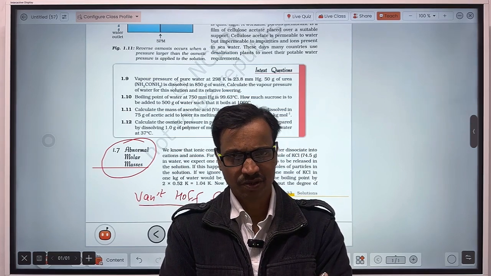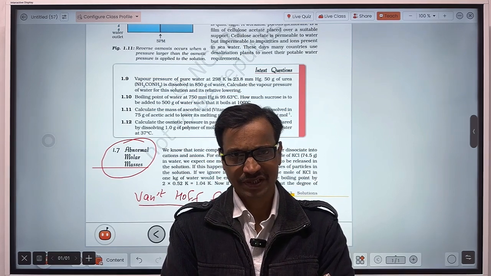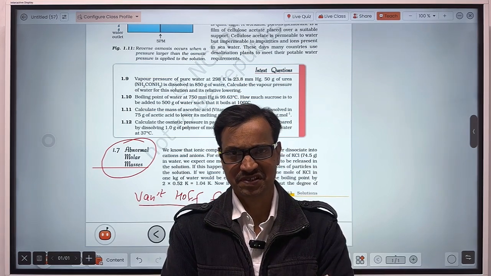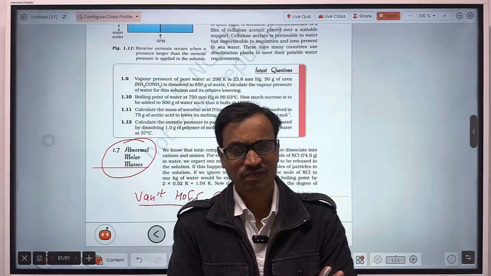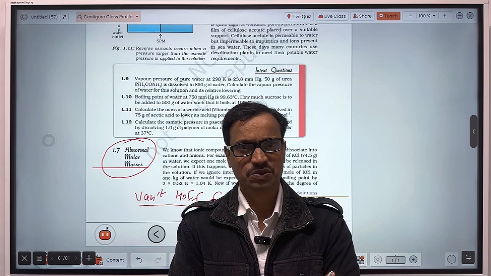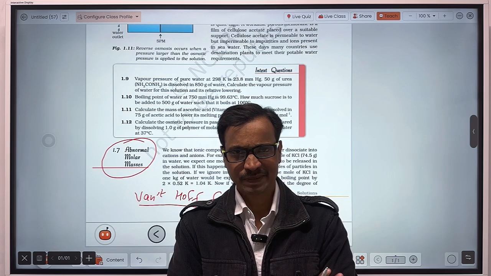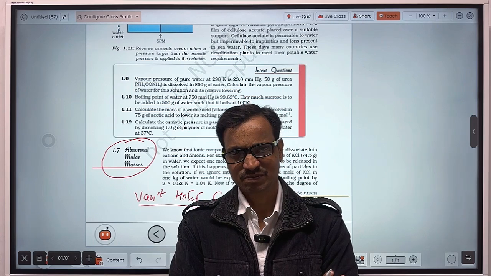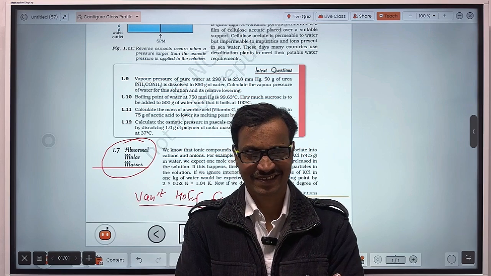So when there is no dissociation or association, we have studied how much the relative lowering of vapor pressure, elevation in boiling point, depression in freezing point, and osmotic pressure will be. Now by the Van 't Hoff factor, we will study what these will be when there is association or dissociation of particles inside the solution. We will discuss it in the next class.